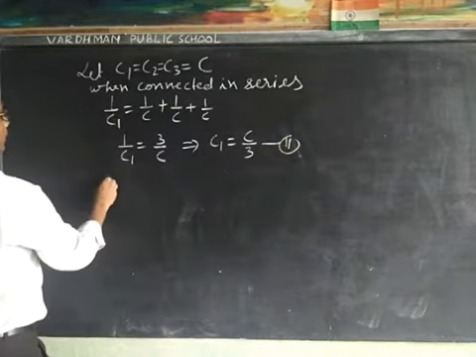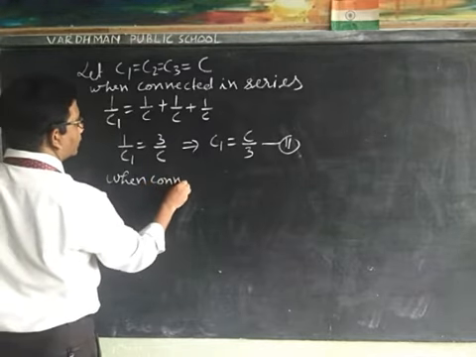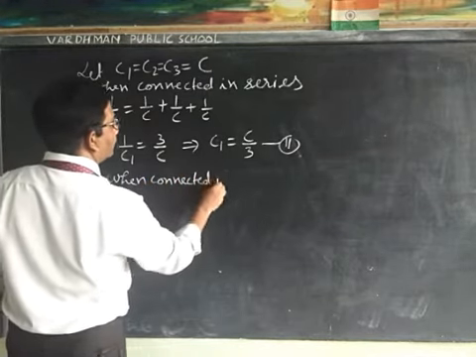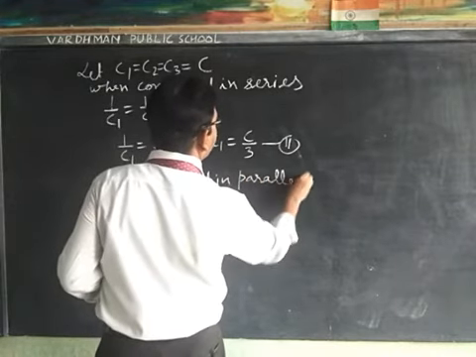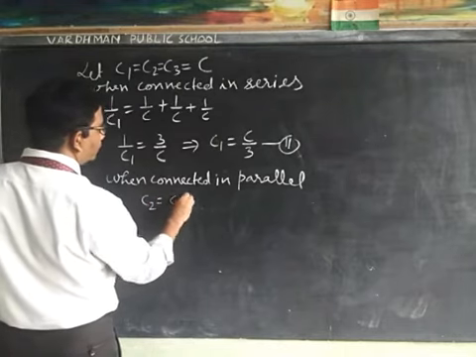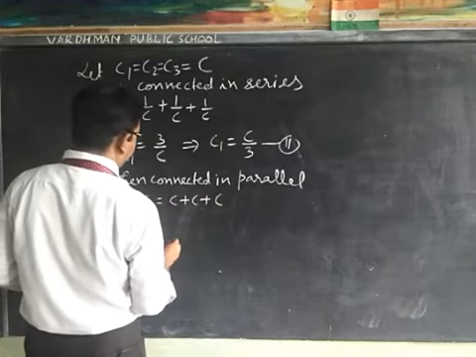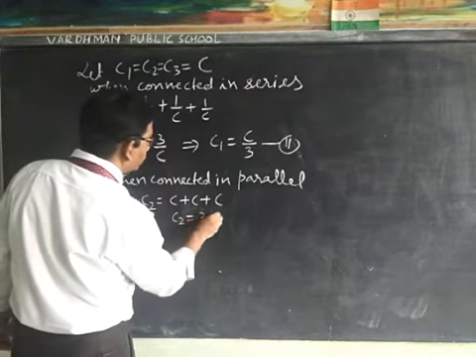Now when connected in parallel, C2 is equal to C plus C plus C. That is, C2 is equal to 3C.